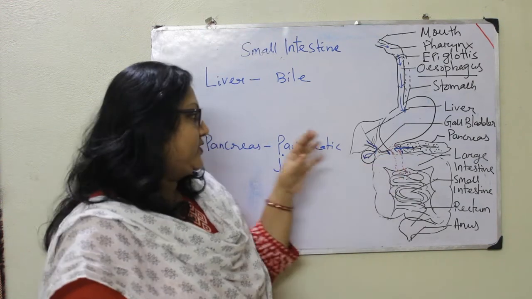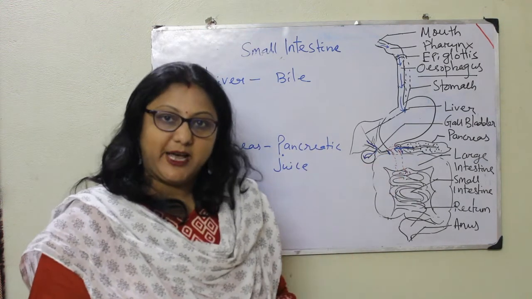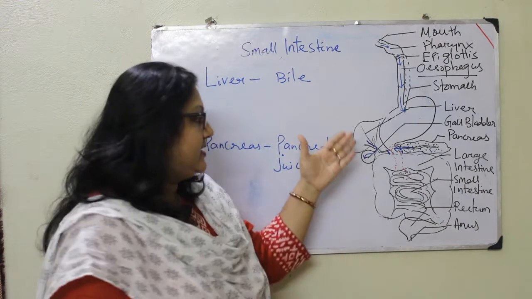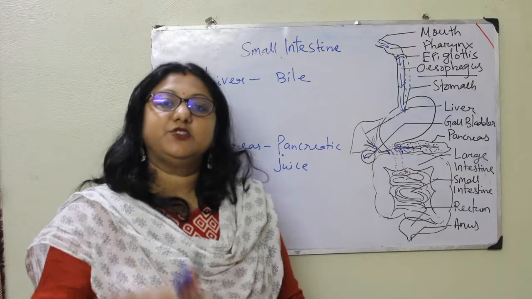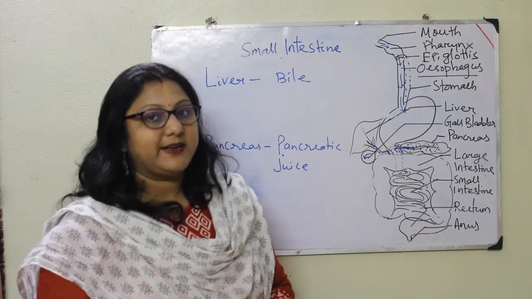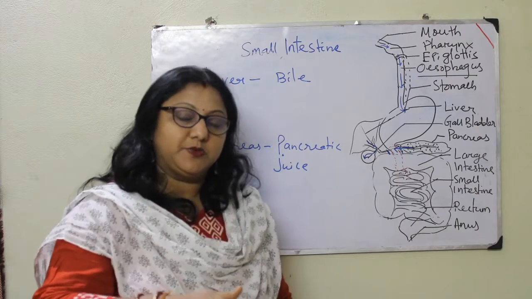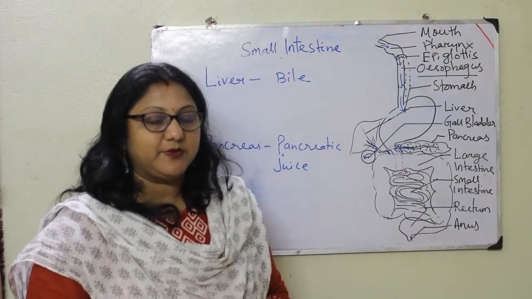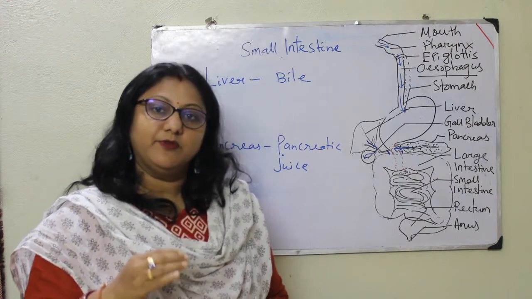The liver secretes bile, which comes through the bile duct, and the bile duct enters the pancreatic duct. Then both the pancreatic juice and the bile come into the duodenum and mix with the food to complete the process of digestion.